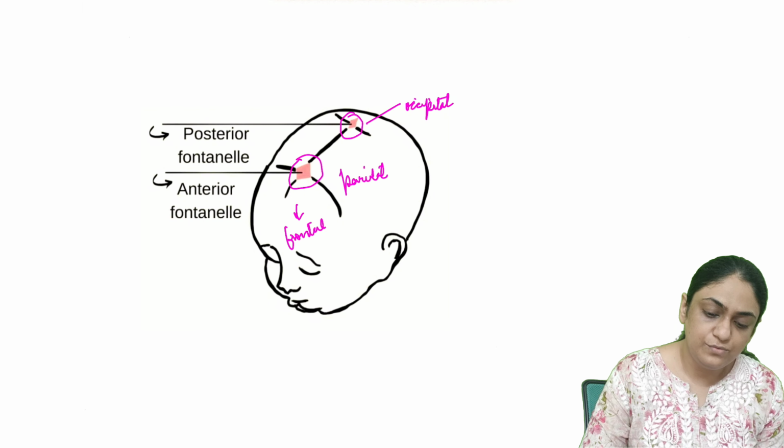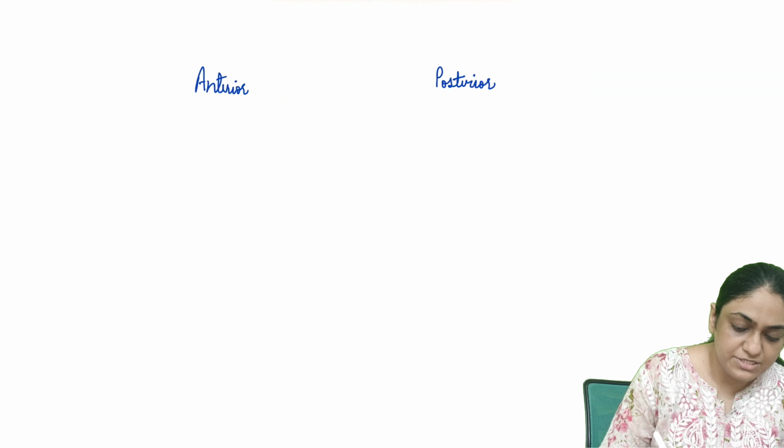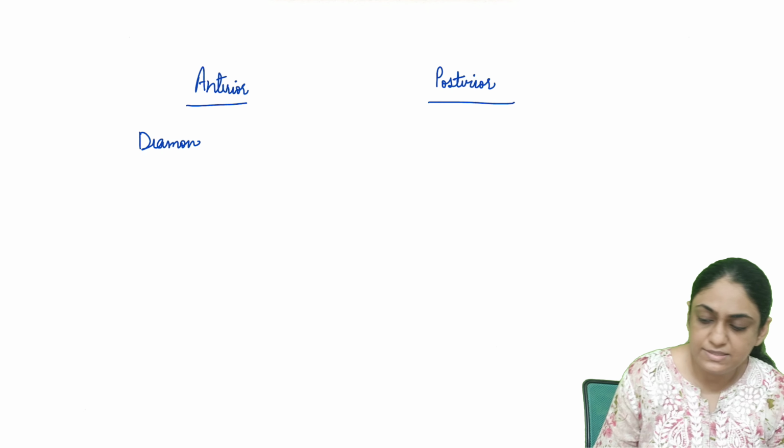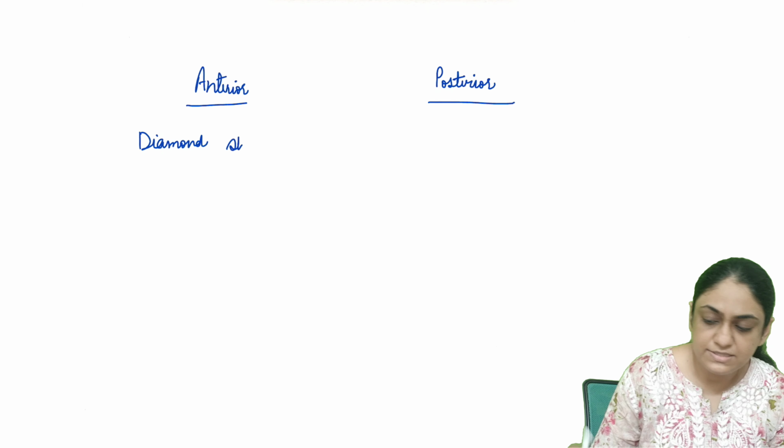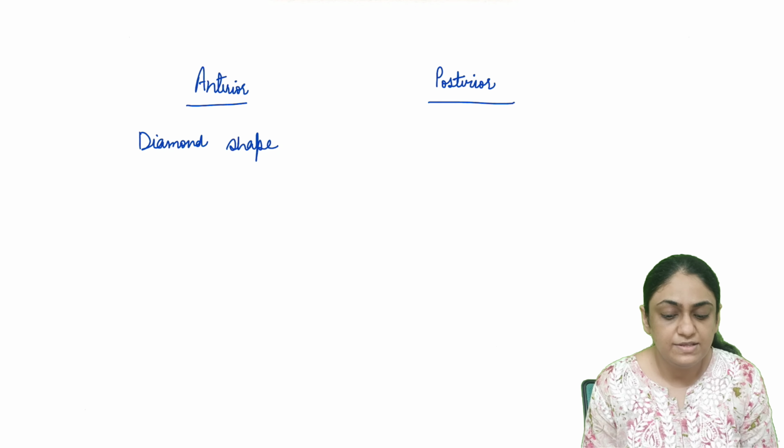Let's study a few important points about these fontanelle. Anterior fontanelle is diamond shaped. I think there should be no confusion in this. You can very well see it in this picture.